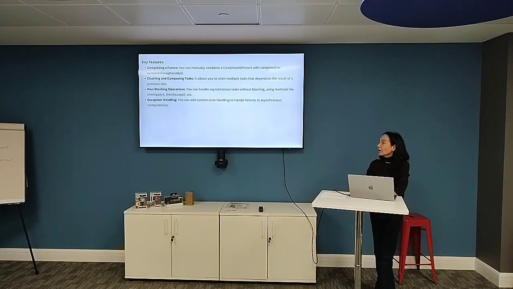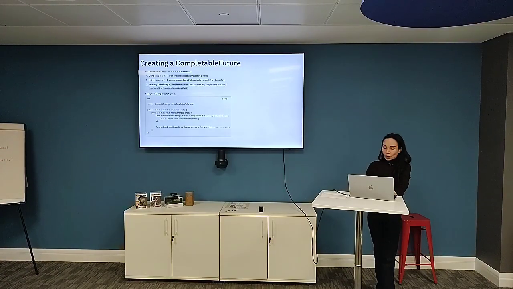The key features of CompletableFuture: you can manually complete it or complete it with an exception. It also supports chaining and composing tasks. It also provides non-blocking operations, meaning the threads are not blocked while they're waiting for the result. And exception handling, so you can add custom exception handling. I will show it in the next slide.